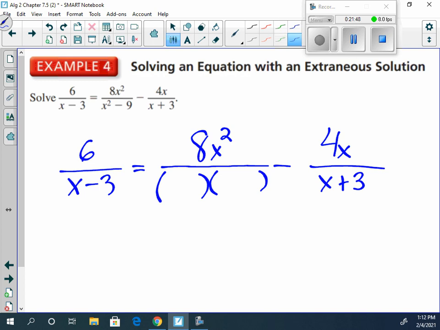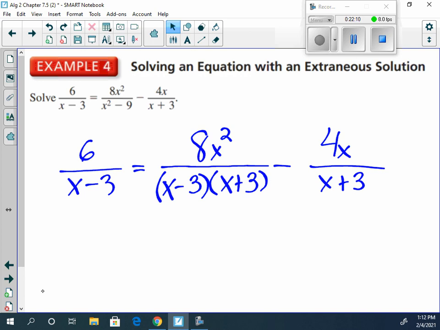And what does it factor to? X squared minus 9 would be x minus 3 times x plus 3.